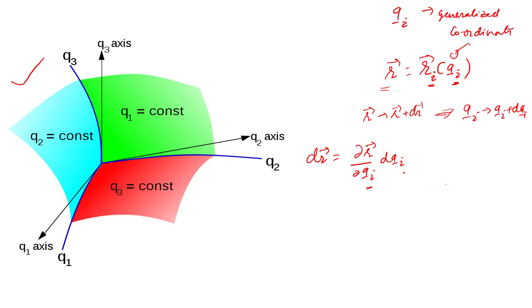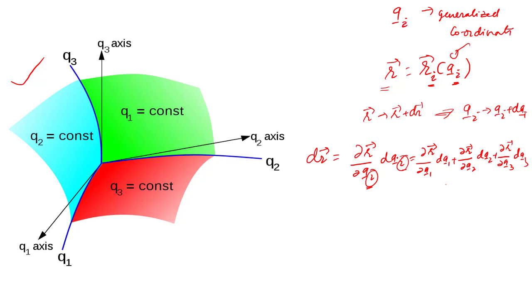Once again, this index is repeated, so that means it's summed over. So if I have three coordinates, this essentially means dou r by dou Q1 dQ1 plus dou r by dou Q2 dQ2 plus dou r by dou Q3 dQ3. So whenever you see an index repeated, it is summed over, right?